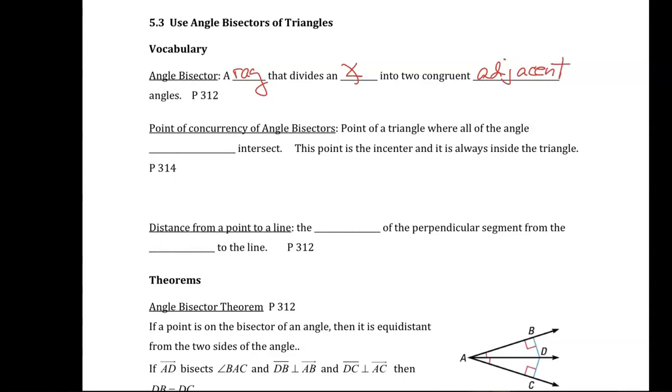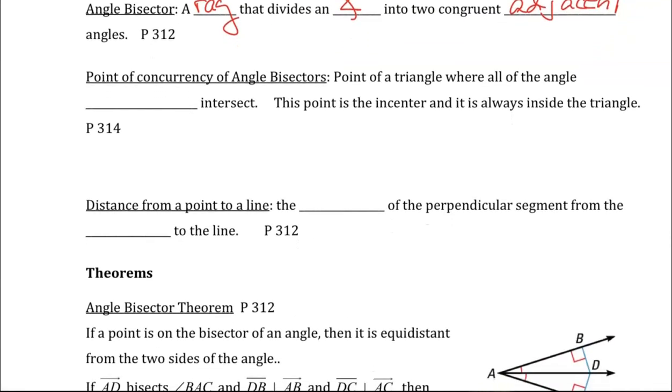So that means if your angle looks like this, so this is your initial angle, and if I bring in a blue ray, and if I indicate that that's going to divide these two in equal parts, then that blue ray is an angle bisector. And those two angles are clearly adjacent.